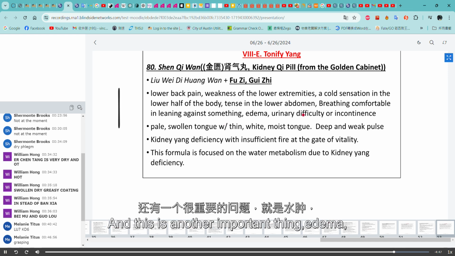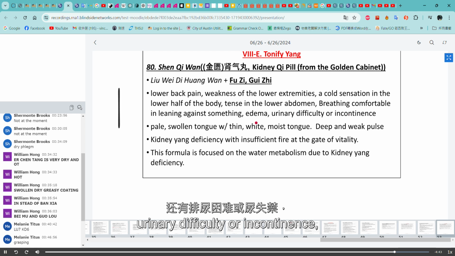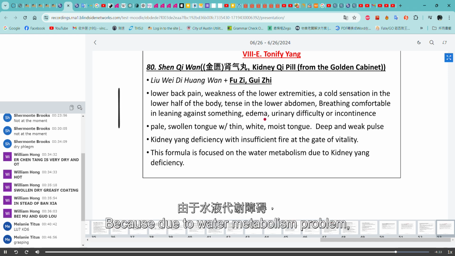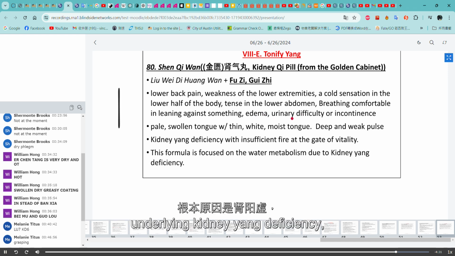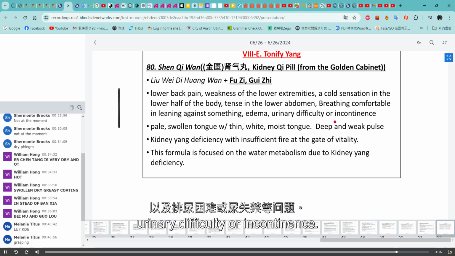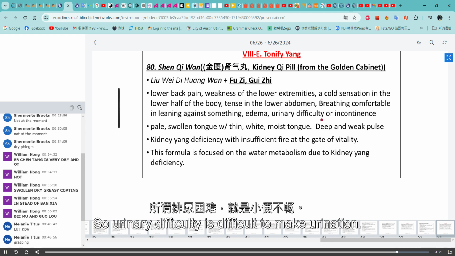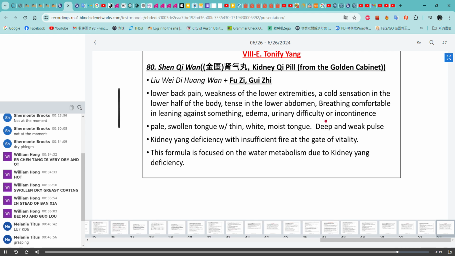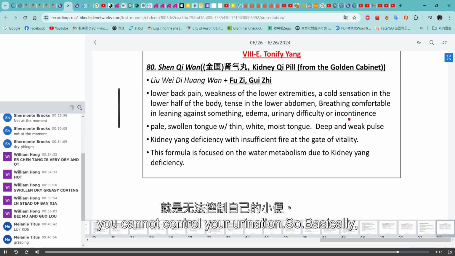And this is another important thing. Edema, urinary difficulty, or incontinence, because this is all kidney, this water metabolism issue, right? Due to the water metabolism problem underlying kidney yang deficiency, you have edema, urinary difficulty, or incontinence. Urinary difficulty is difficult to make urination. Incontinence is you cannot control your urination.